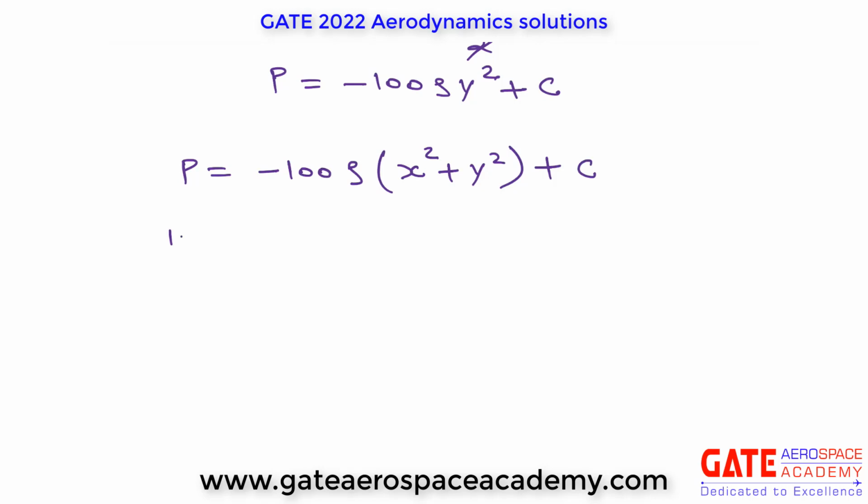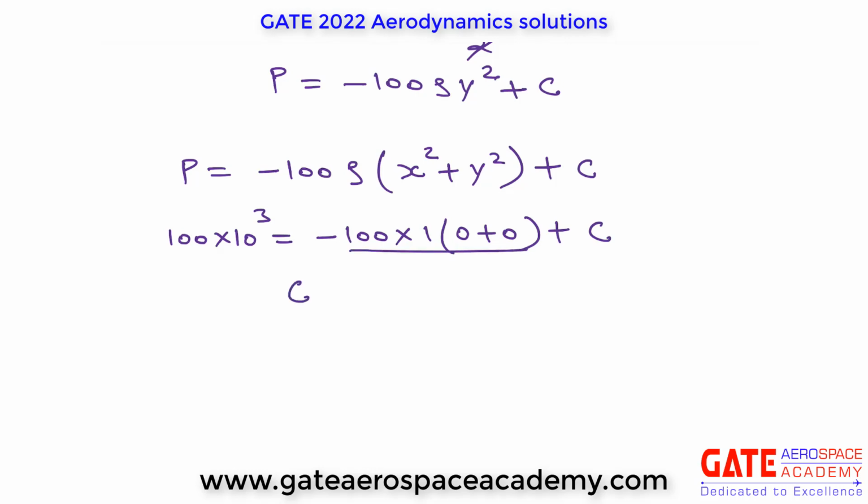So pressure is 100 kPa, 100 into 10 to the power 3 is equal to minus 100, density is 1 and x is 0. So y is also 0 plus constant. So this term is 0. So c is equal to 100 into 10 to the power 3.